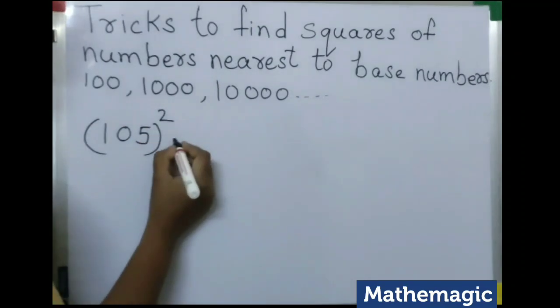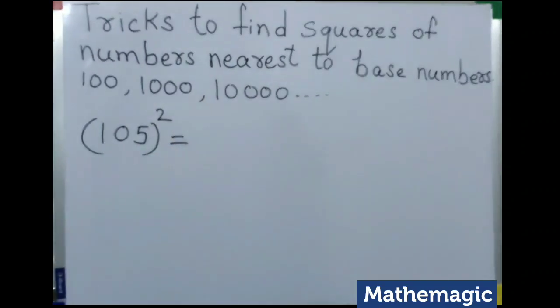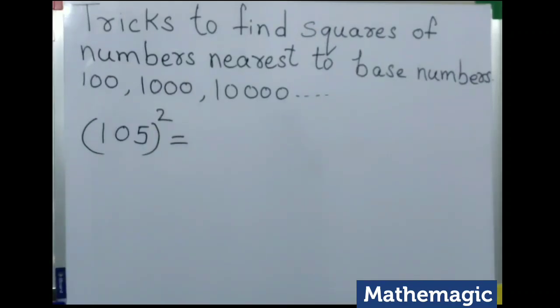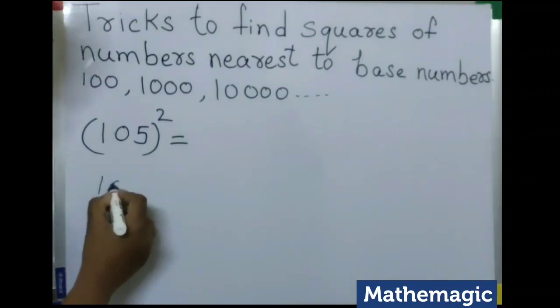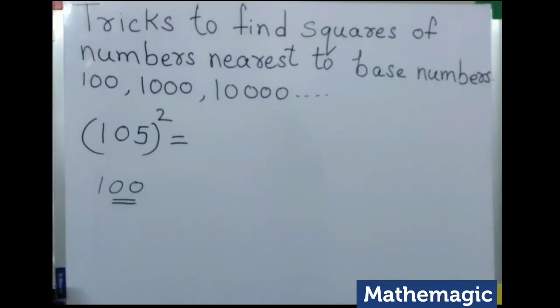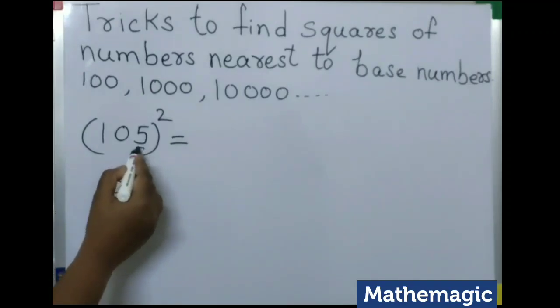We have to find square of the number 105. So the first step is, this is the number nearest to 100. So the base number here is 100 and 100 is having 2 zeros. We have to make a note that in our ones place here we are having 5.